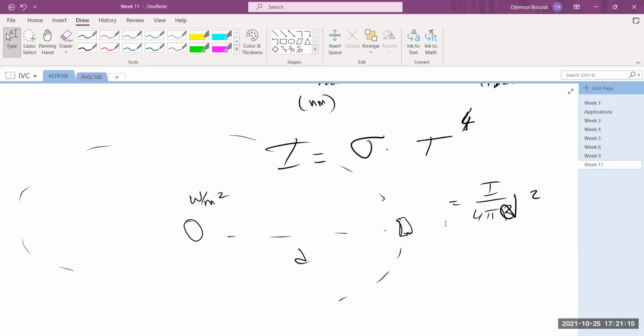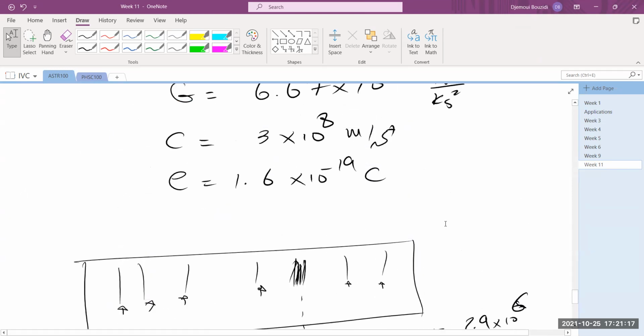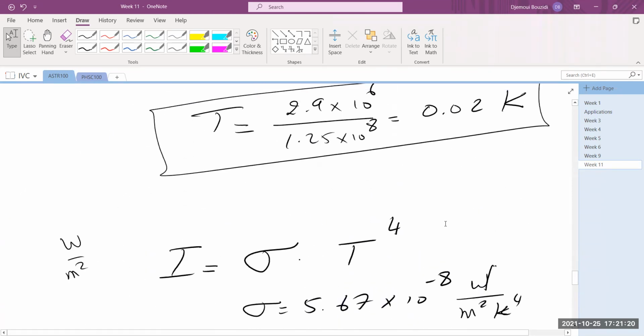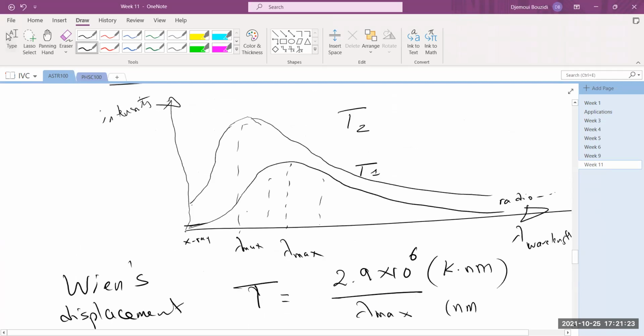Furthermore, there is another thing here that I forgot to mention, which is extremely important. Let's say, for example, this is blue because it's a shorter wavelength, and this is red. Let me use different colors. So this is blue, and this is red. Obviously, the red has a longer wavelength and the blue a shorter wavelength, so the temperature of the blue, which is this one, should be higher than the temperature of the red, which is this one.